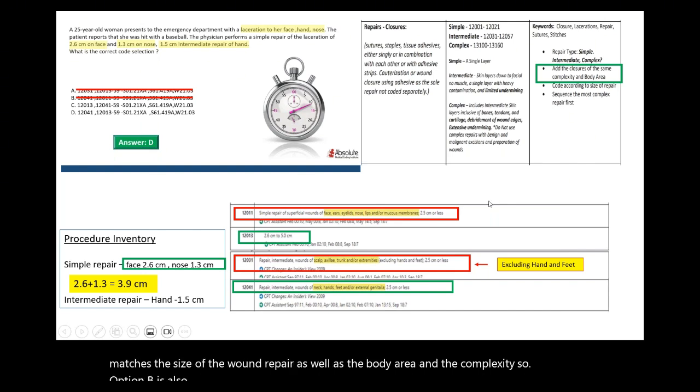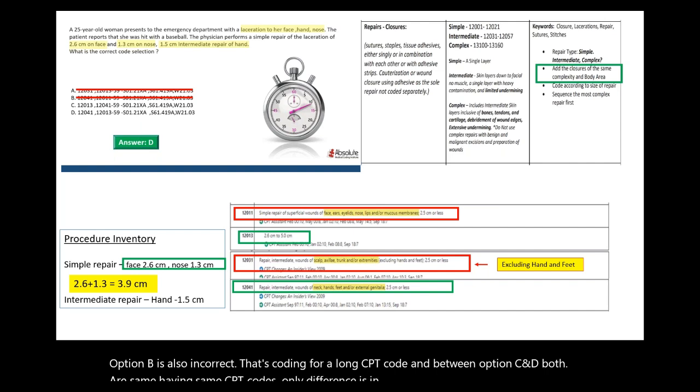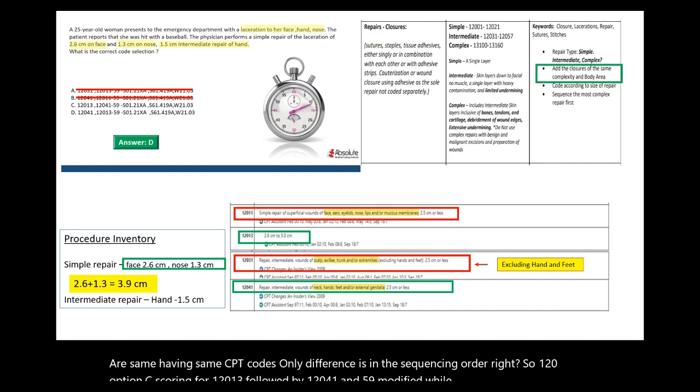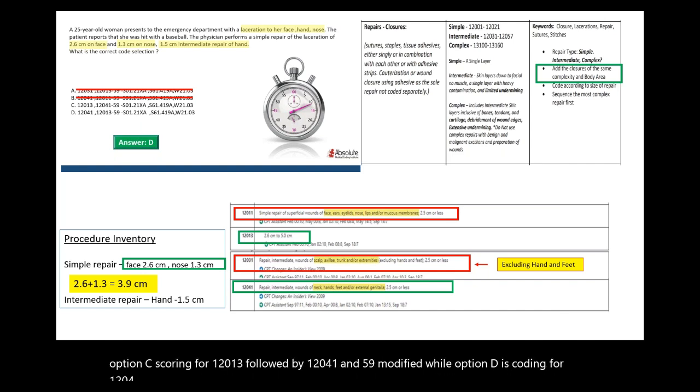Between option C and D, both have the same CPT codes. The only difference is in the sequencing order, right? Option C is coding for 12013 followed by 12041 with a 59 modifier, while option D is coding for 12041 followed by 12013 with a 59 modifier, and that's where we had a split as well.